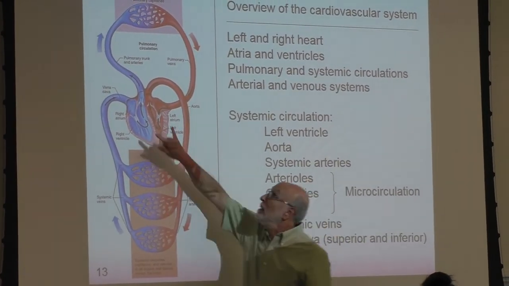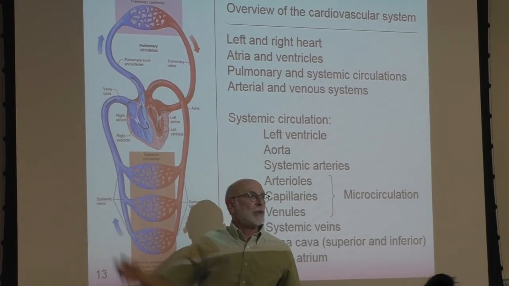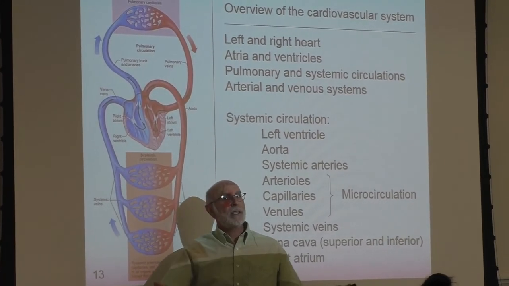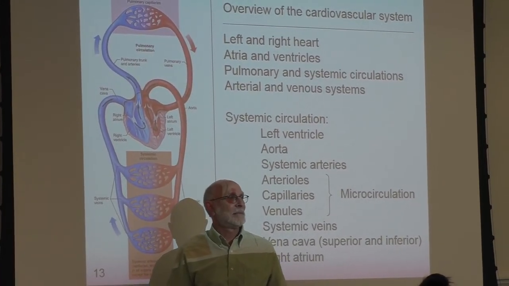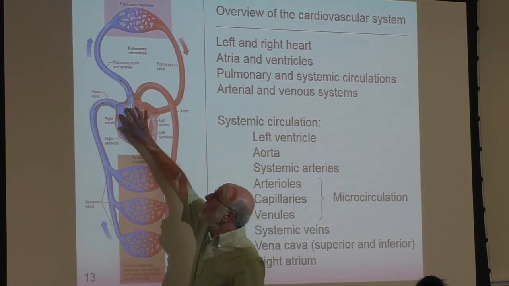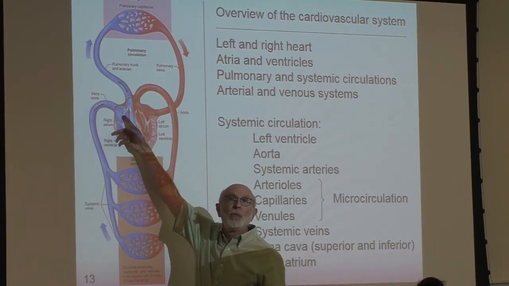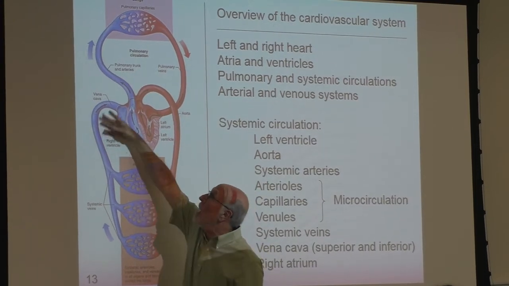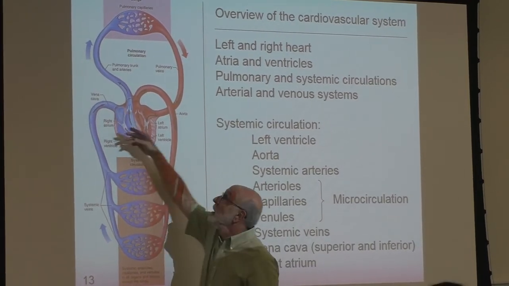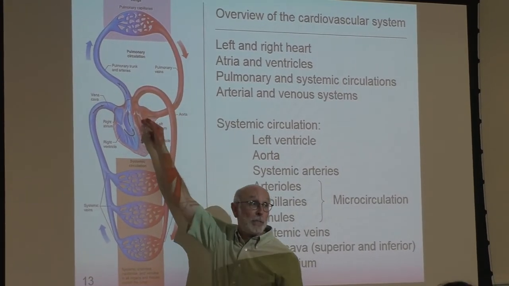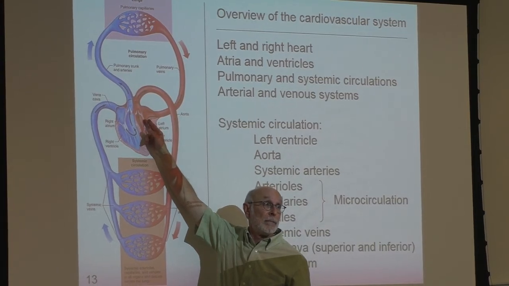The atria, just like the atrium of a building, is the receiving area. The right atrium receives blood from the body. The left atrium receives blood from the lungs.